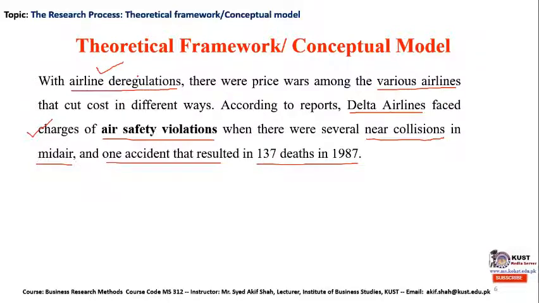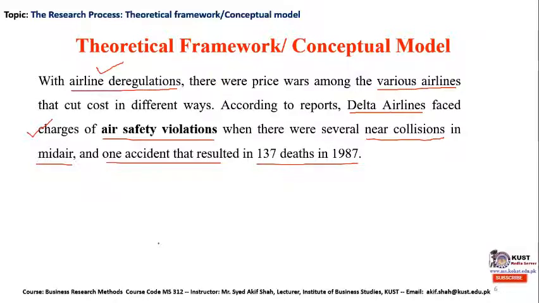The idea behind this deregulation was to have decentralization. Previously, there was a centralized mechanism for air traffic control, but after the deregulation, the company decentralized its rules and regulations, which ultimately resulted in air safety violations.